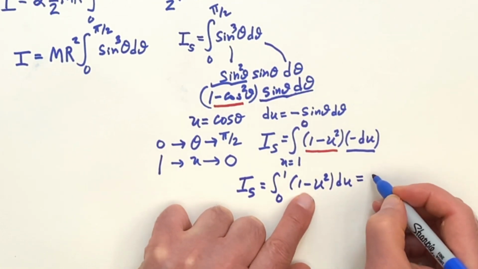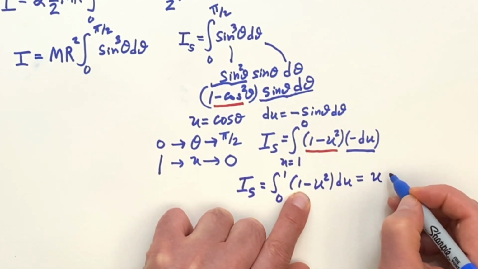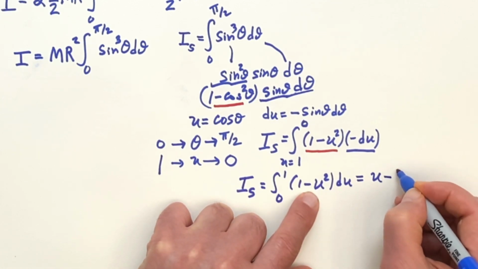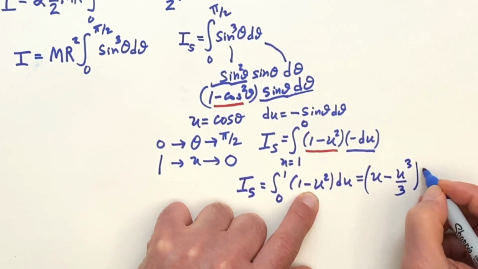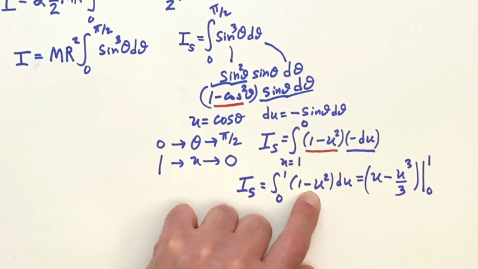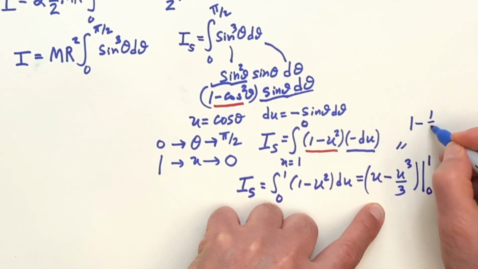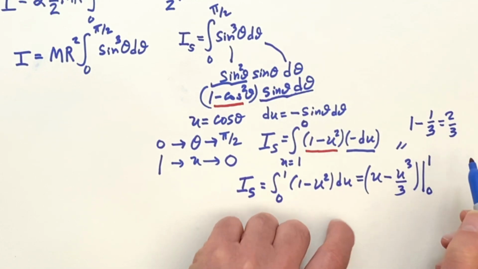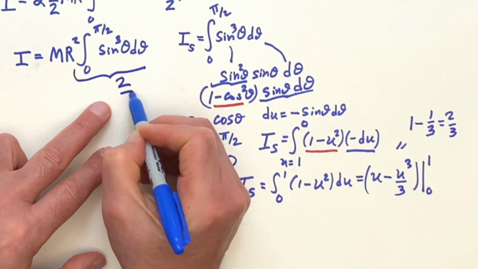The first one is simply u, and the second one is u cubed over 3, going from 0 to 1. That's going to simply give us 1 minus a third, which is 2/3. So we have just found that all of this comes out to be 2/3.